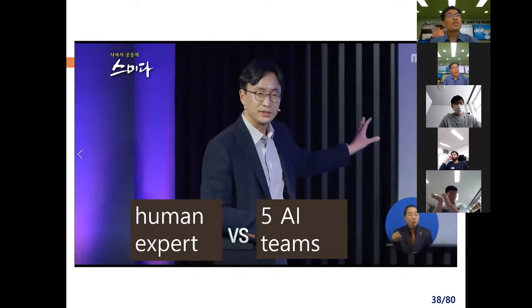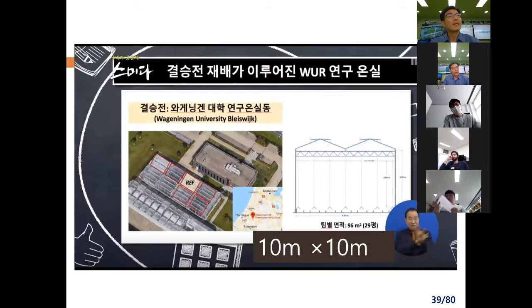This competition was about growing cucumber. They competed in a research greenhouse at the University of Wageningen in the Netherlands. They used greenhouses attached together to minimize the difference in weather between them. The size of the greenhouse is approximately 10 meters wide and 10 meters long, 10 by 10 meters.